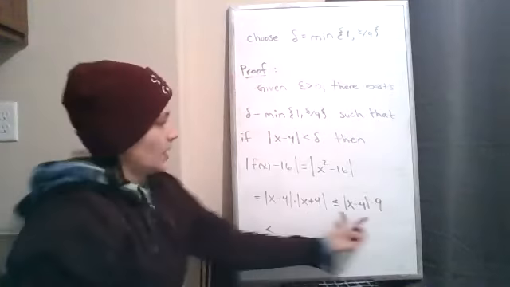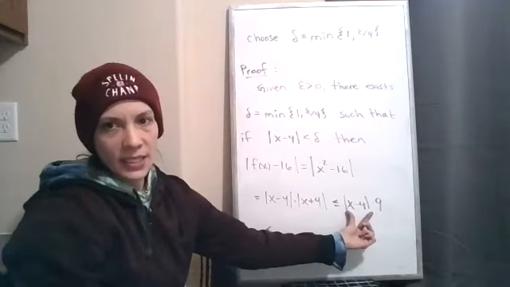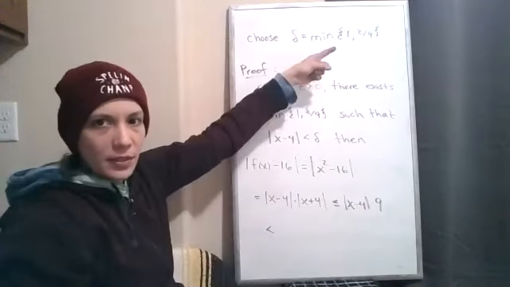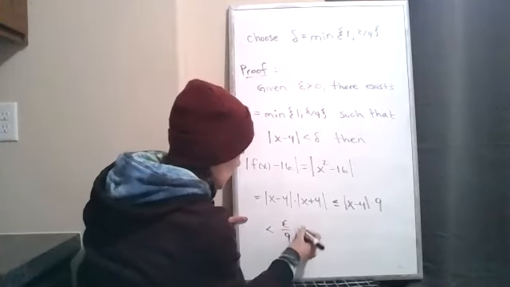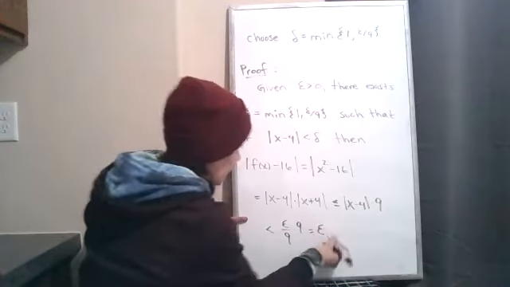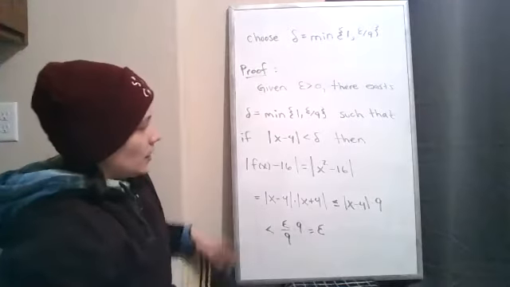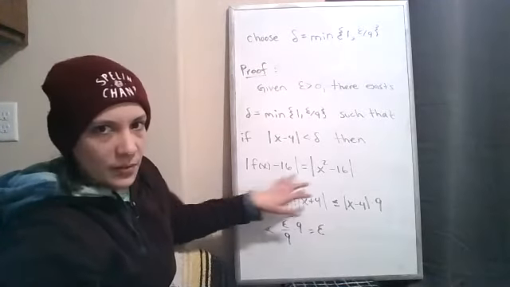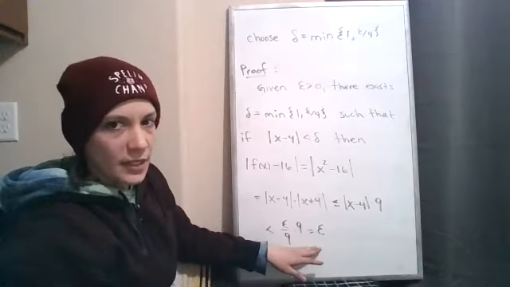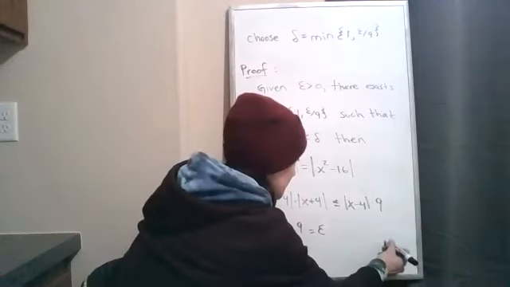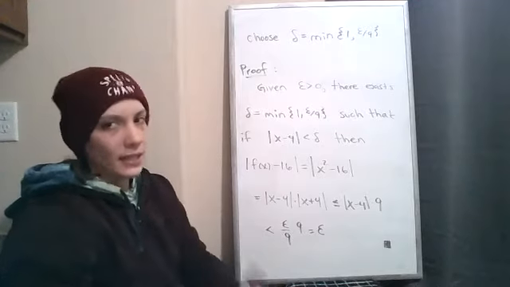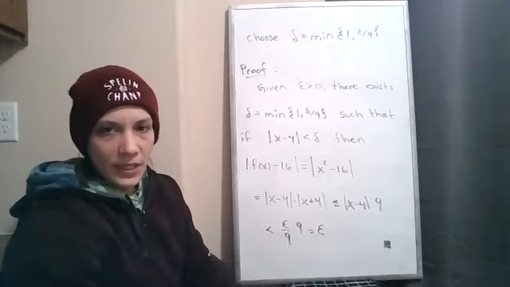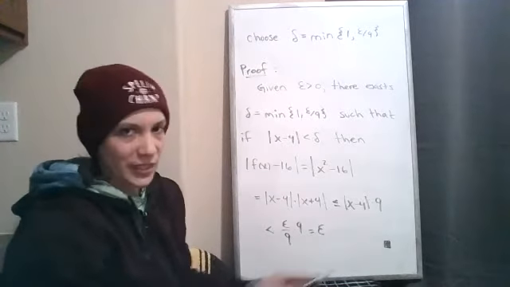There we go. And then the distance between x and 4 is less than delta. Delta could be epsilon over 9. Let's put in epsilon over 9. So you get your distance between f of x and L less than epsilon, and you're done. Last one, and then let's go to 2.3.